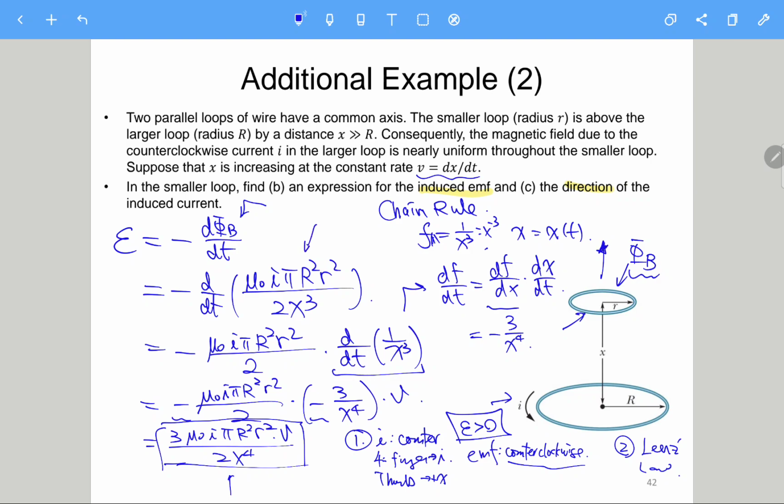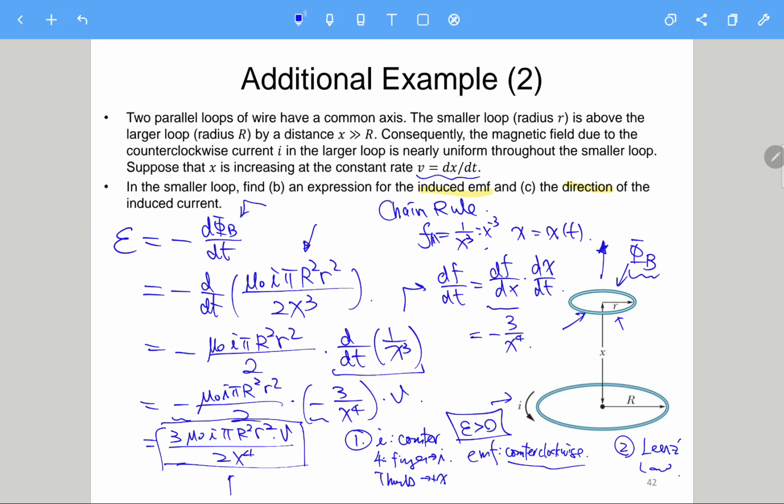This expression corresponds to the magnetic field pointing upward, and this is a positive value, of course, but its first derivative with respect to time is a negative number, which means that the magnetic flux over this loop is decreasing.